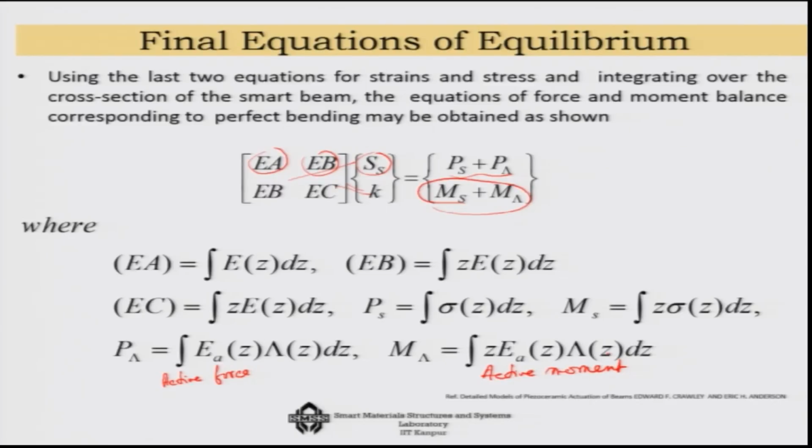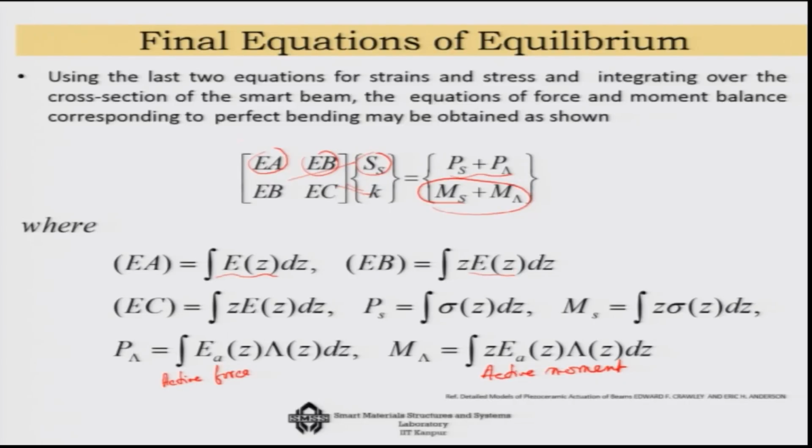You can also talk about it in terms of the stress resultant due to mechanical deformation and also the moment due to the bending of the system. So, that is your P S and M S. E A, E B, E C, as you can see, you can very easily find out if you know the modulus of elasticity and how the deformation is happening in the system.